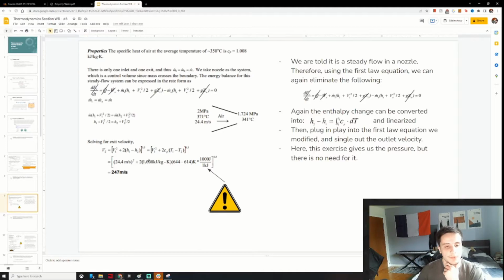But in this case, to make things simpler, they just converted this section, which would, if we didn't have the 1,000 joules, just give us a result in kilojoules. We multiply it by 1,000 to convert it to joules, just to make it a lot simpler. You would get 247. It would have given something different, and you would need to convert back to velocities. It would be kind of complicated to do.